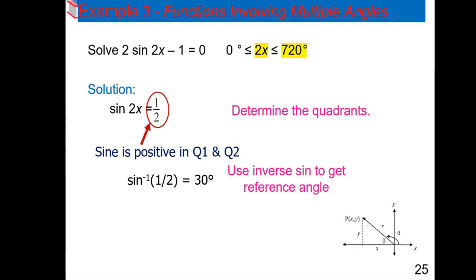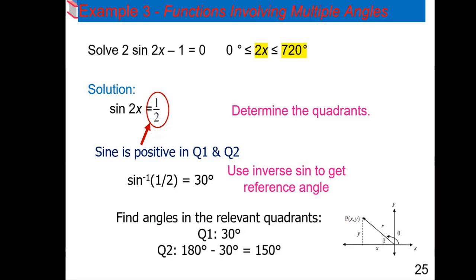Inverse sine half will be 30. So that's our reference angle. Using this reference angle, we get the relevant quadrants. In quadrant 1, it will be 30, exactly the same. In quadrant 2, we use 180 minus the reference angle of 30, and you get 150. So these will be our first two answers.